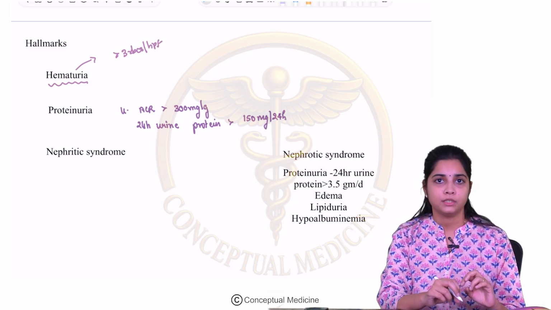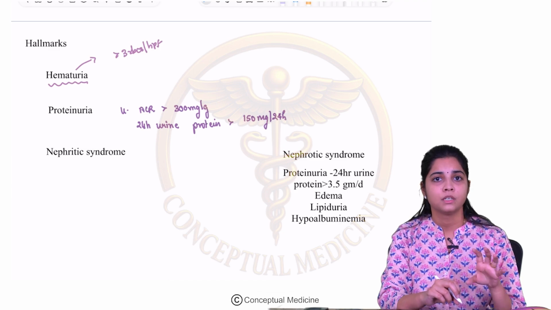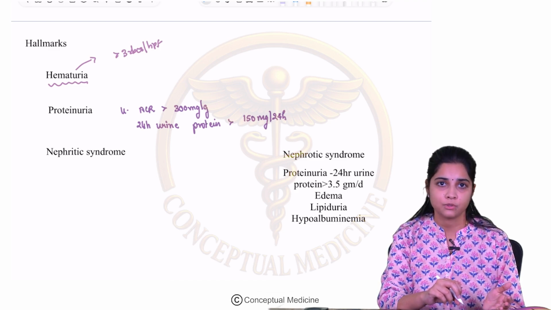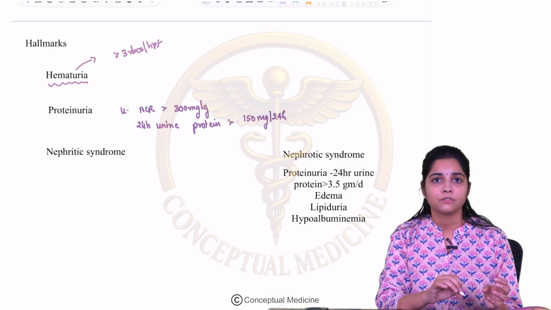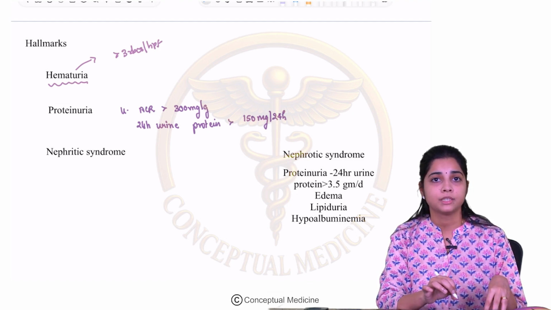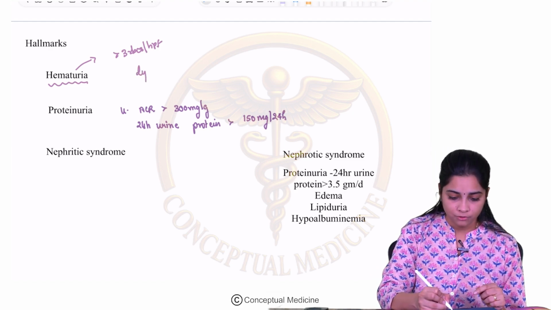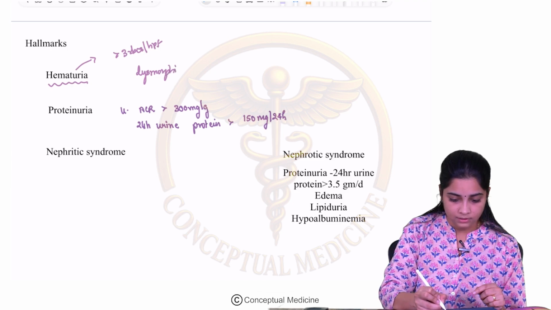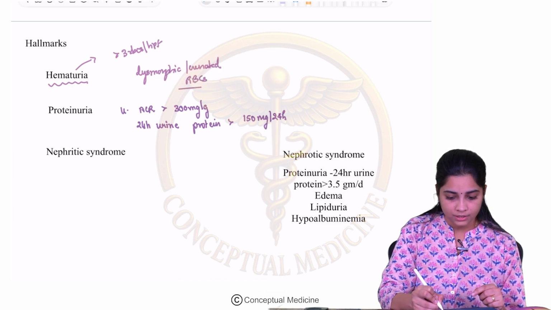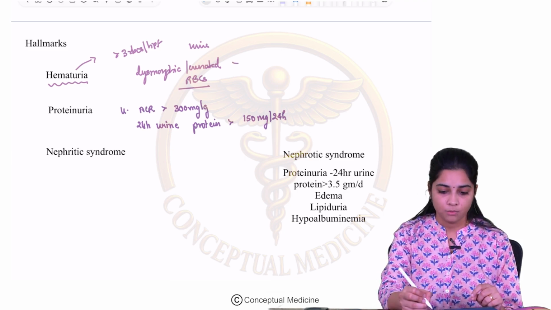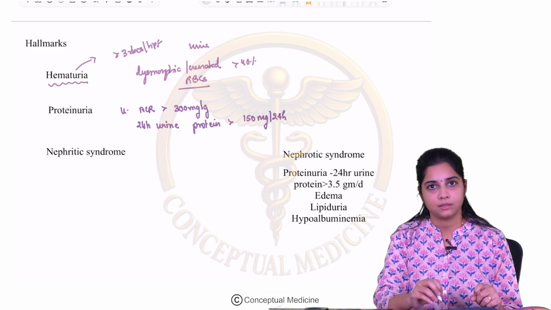But how do you know whether this hematuria is because of glomerular disease or some other process? Hematuria can occur due to stones, it can occur due to tumors, and it can occur in a lot of other conditions. So how do we know whether it is due to a glomerular process? You have to look for dysmorphic or crenated RBCs in the urine, which suggest glomerular disease. What percentage? More than 40%.